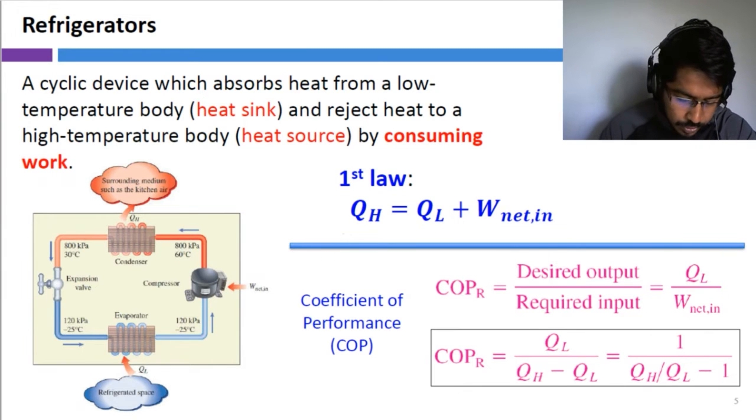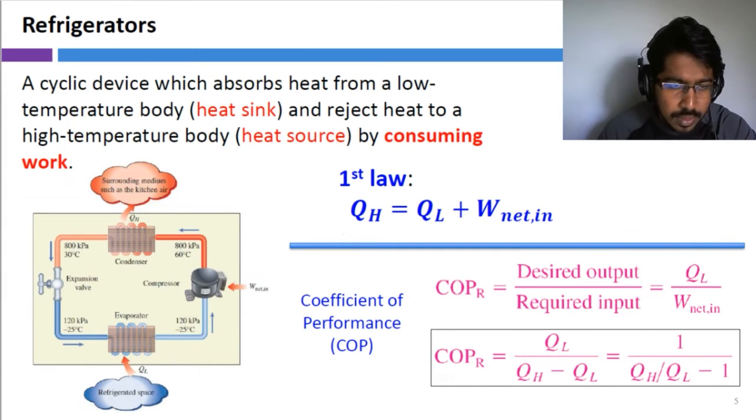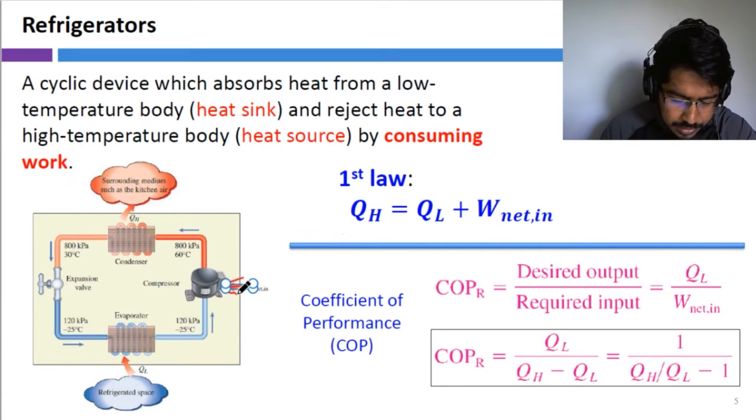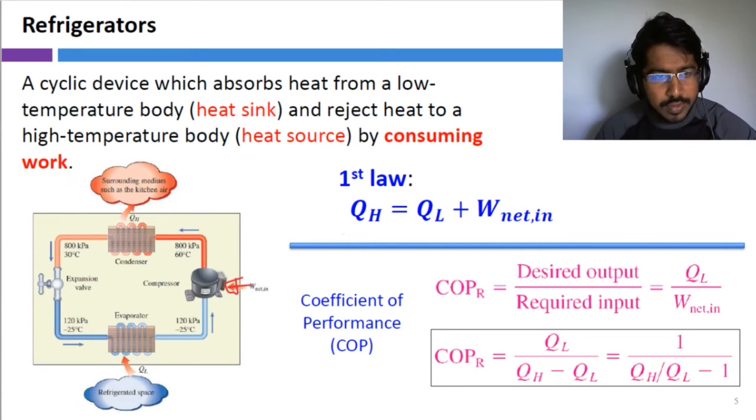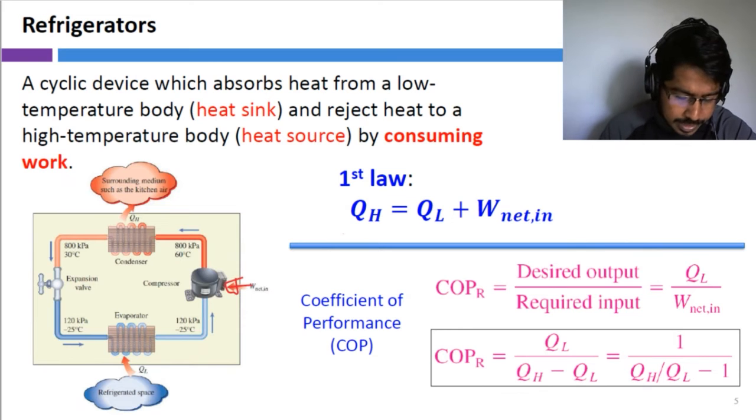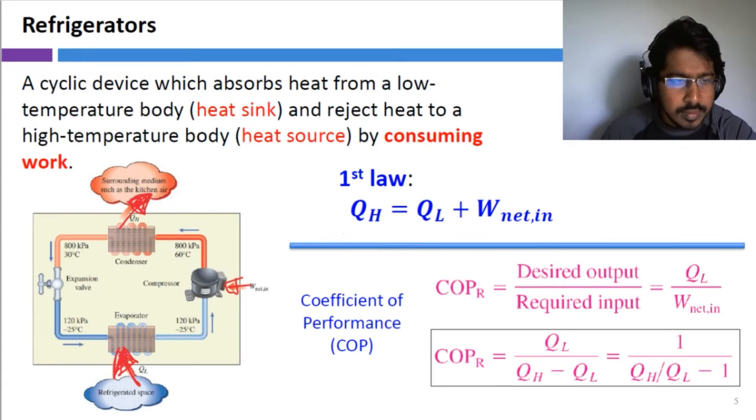Now you can see in this refrigerator we add work to the compressor, right? And our required effect is the refrigeration effect, where we absorb heat from the refrigerator space, and then we eject heat to your kitchen or surroundings, right?